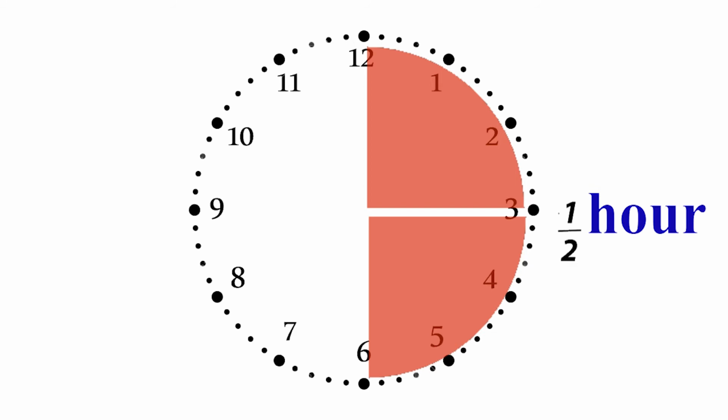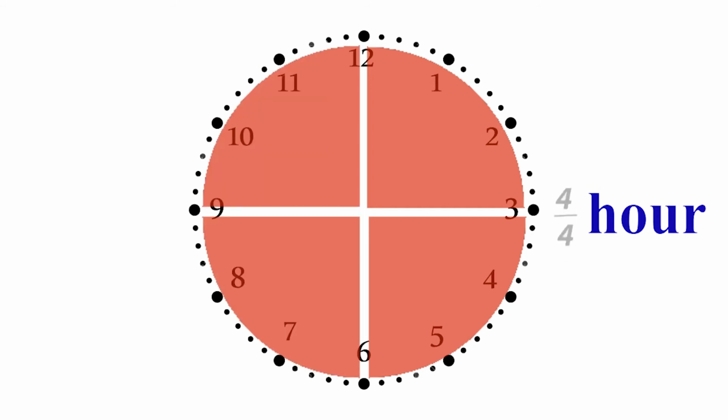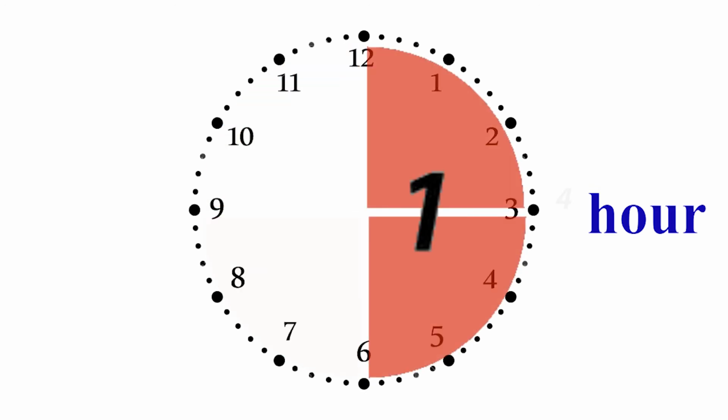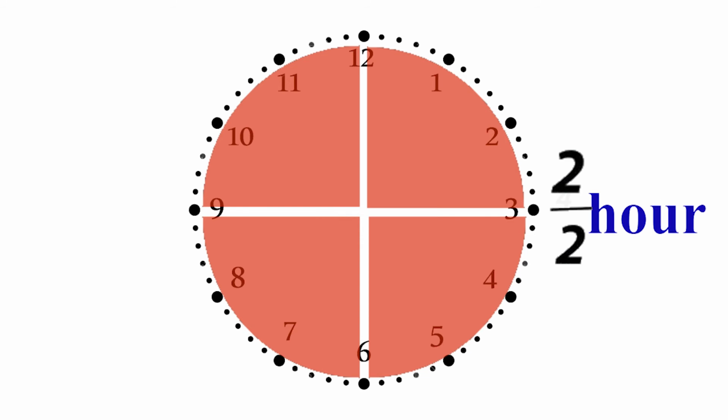Now what happens if you have quarter of an hour, but then you want 4/4 of an hour? Well, that's 1, 2, 3, 4 quarters of an hour, which we would write as 4/4. But notice, that's 1 hour. What if we wanted half an hour times 2 halves of an hour? Well, that would be 2/2. And you know that 2 halves is 1. So what are we saying here?